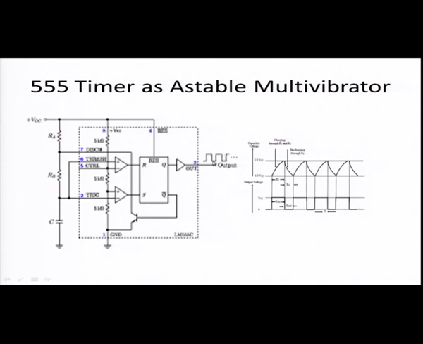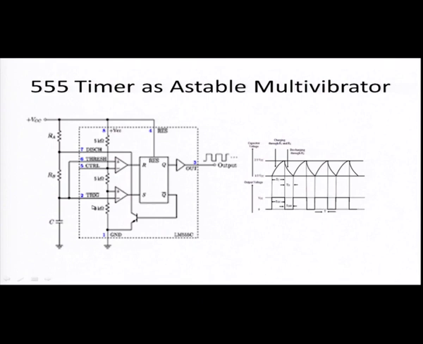And if it is high, then what happens to the transistor? This Q bar will be low, so this transistor will be off, and if it is off, then there is no connection here. The transistor will not clamp the capacitor in that case.